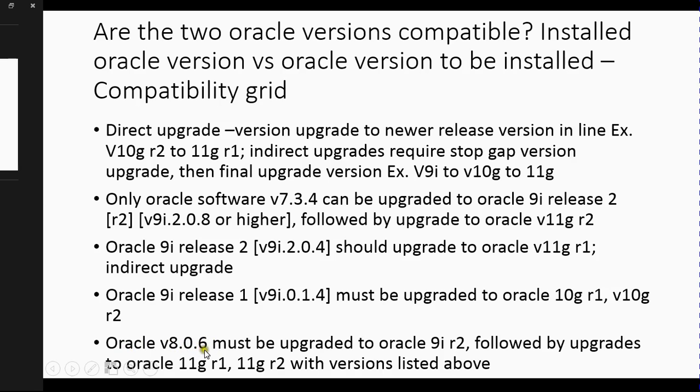Basically, this will be the release patch. You apply this to get to 9iR2, and once you get to 9iR2, you'll be able to fully upgrade to 11gR1 or 11gR2. So there are specific stopgap versions that you have to have to make the complete upgrade of your Oracle release.